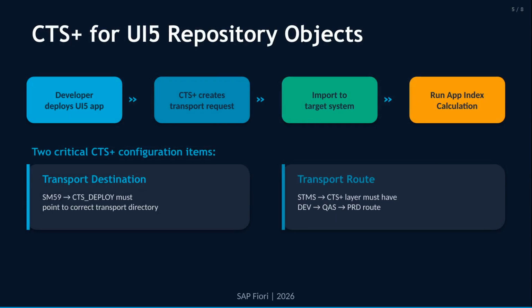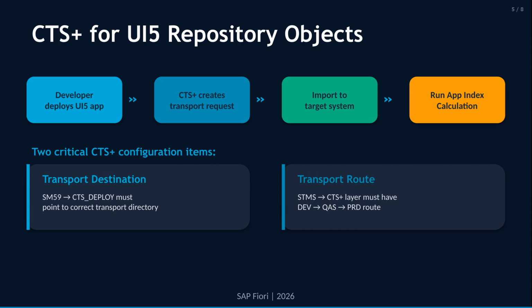Fiori apps themselves, the SAP UI5 code, are deployed to the UI5 application repository on the ABAP front-end server. These are not customizing objects. They are transported using the NOWI transport. CTS Plus extends the traditional ABAP transport system to handle non-ABAP artifacts.